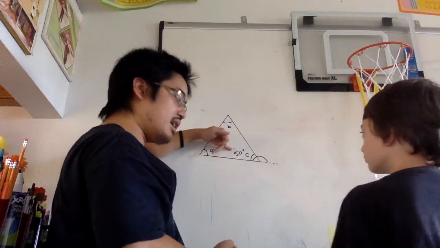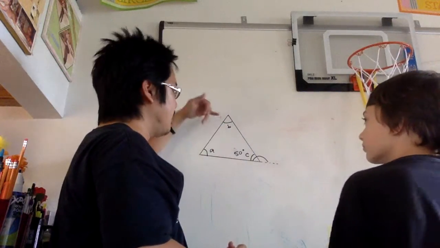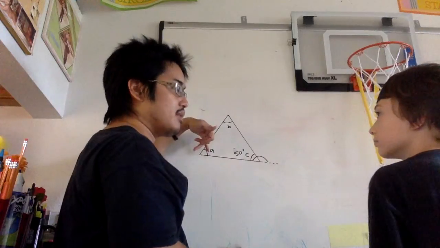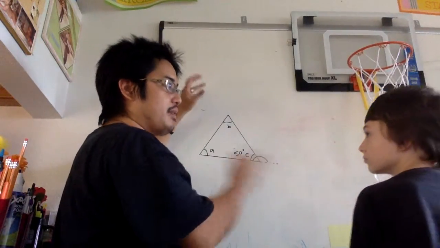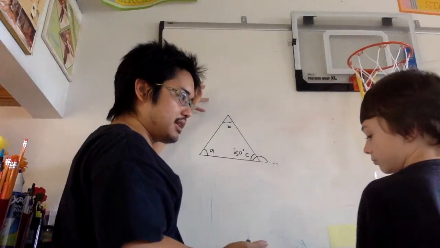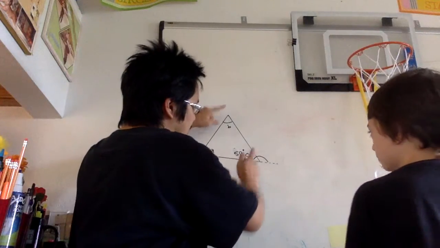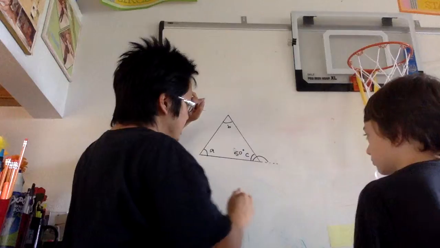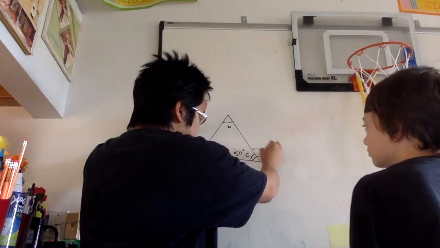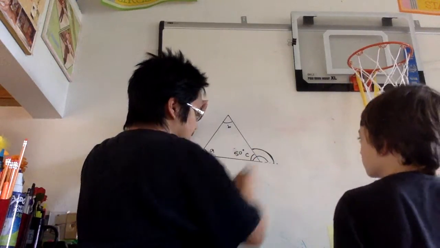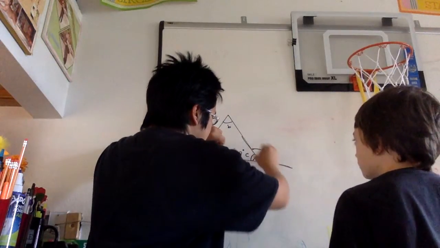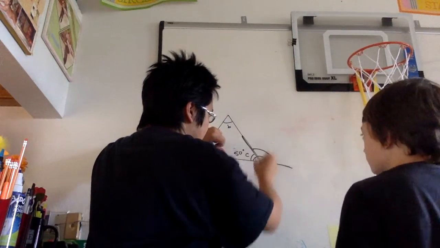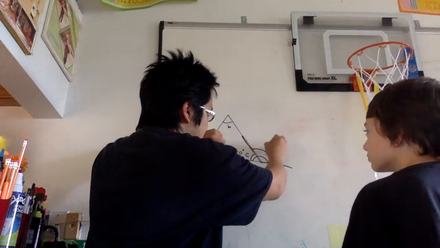So if C was 50, then A plus B has to be the rest of it, right? It has to be the other part of it so that when you add them all together, they make 180. Does that make sense? So would you agree with me in saying that this angle right here, from here to here, is 130 degrees?